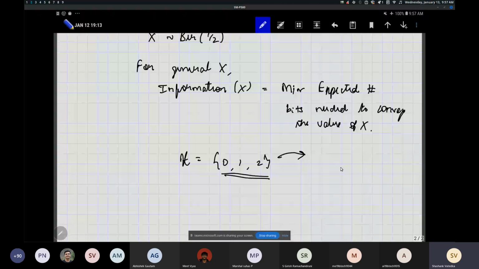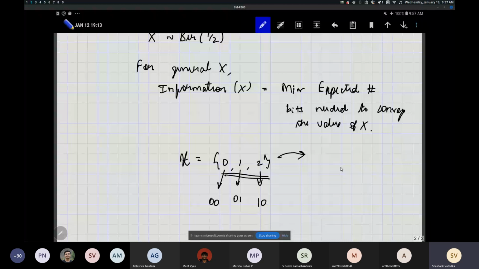Now, I could represent this using 2 bits, right? So I map 0 to 0, 0, 1 to 0, 1, and 2 to 1, 0, right? So if you see 0, 0, then you know that the outcome was 0. If I observe 0, 1, then I know that the outcome was 1. If it's 1, 0, then I know that the outcome was 2.